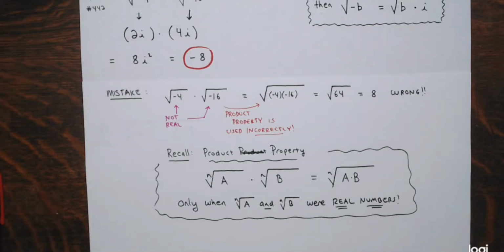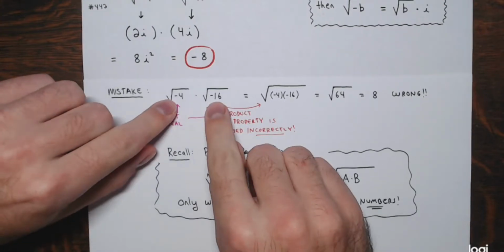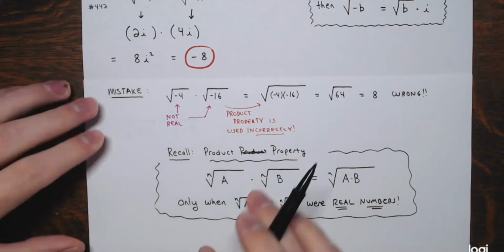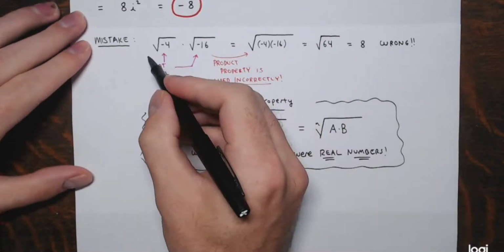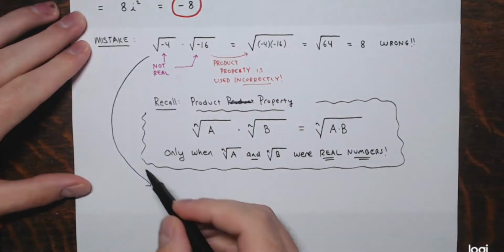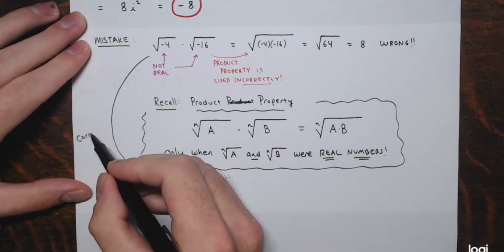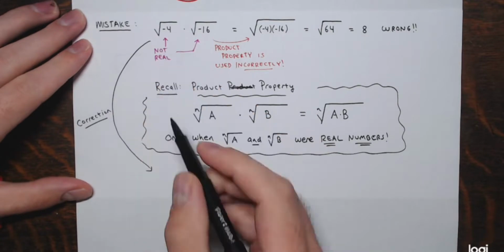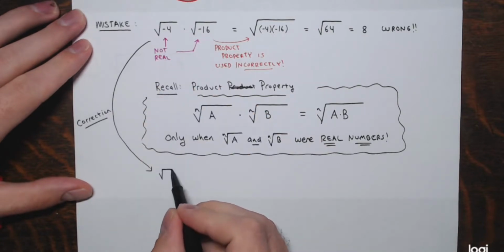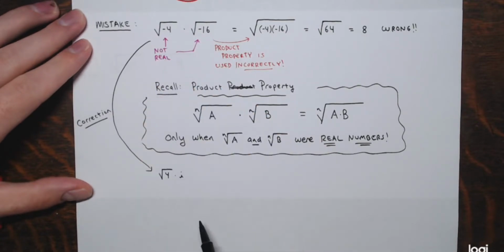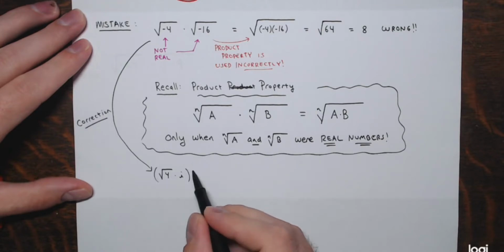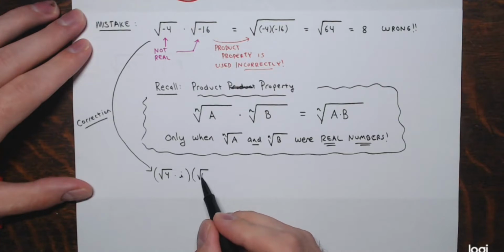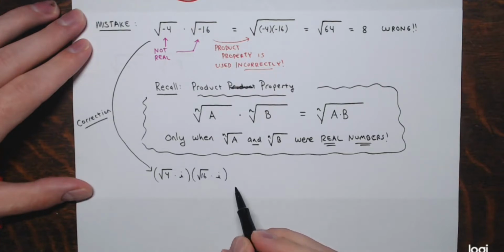But when you rewrite these, here's the correction. Write the square root of -4 as the square root of 4 times i, and then you rewrite the square root of -16 as the square root of 16 times i.